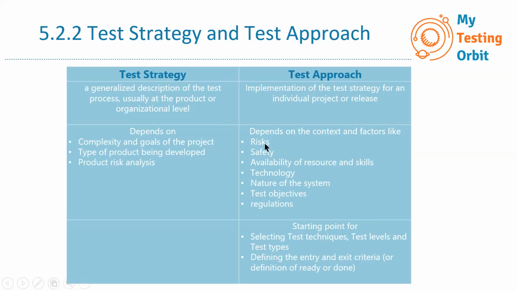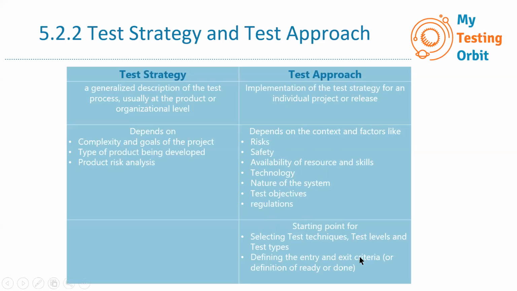Like risks, safety, availability of resources and skills, what kind of technology we are using, the nature of the system, the objectives of testing, and if there are any standards or regulations involved. Based on all these factors, we will define a test approach for a specific test strategy, that is, how we are implementing that test strategy.